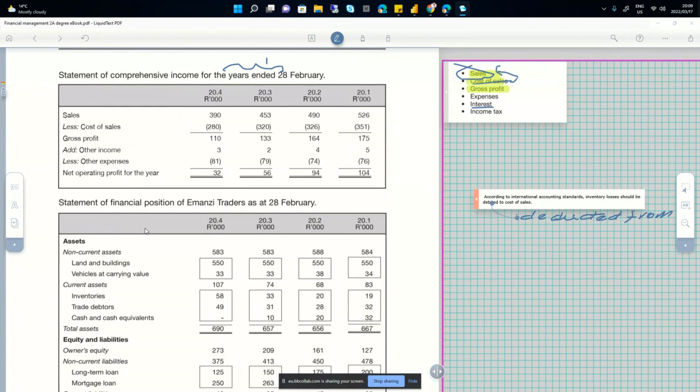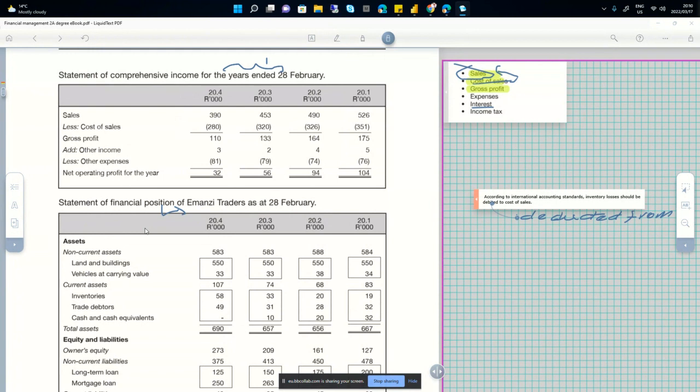But the statement of financial position is at a particular point in time, not a period. That's why you see the difference between "for the years ended 28th February" and "as at".